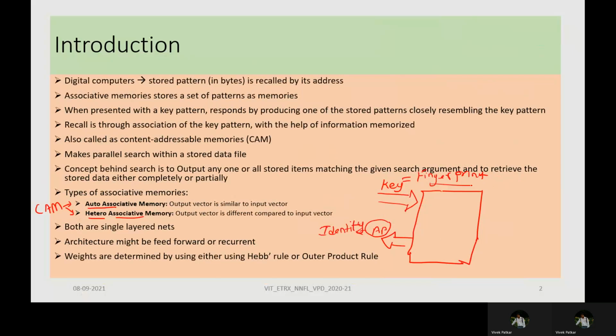So the key pattern and the return pattern are different. This kind of memory is called hetero-associative memory.